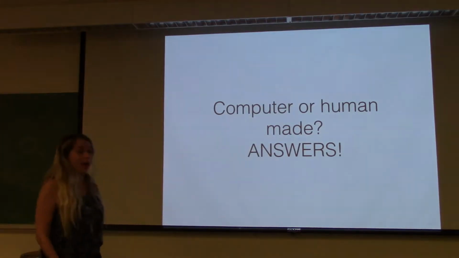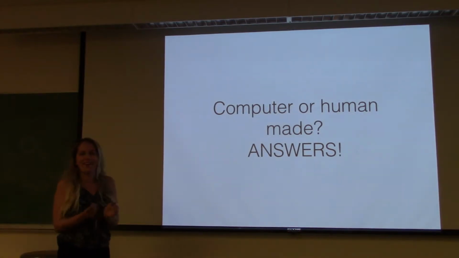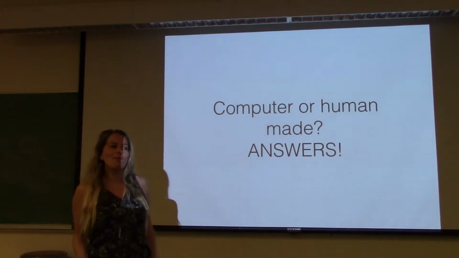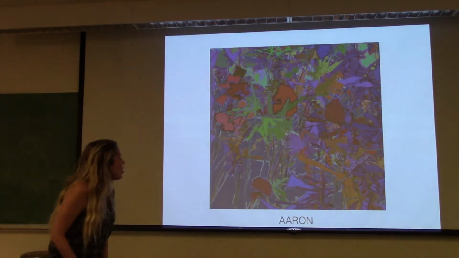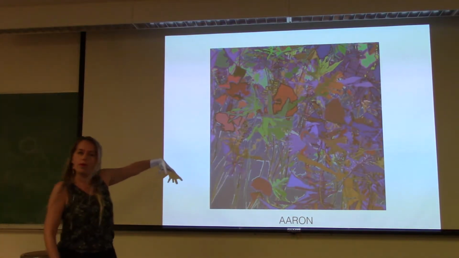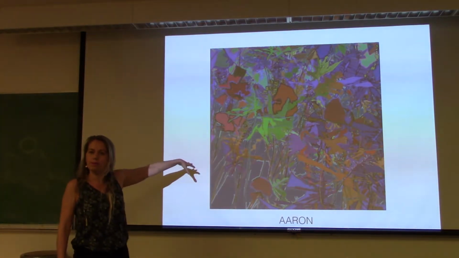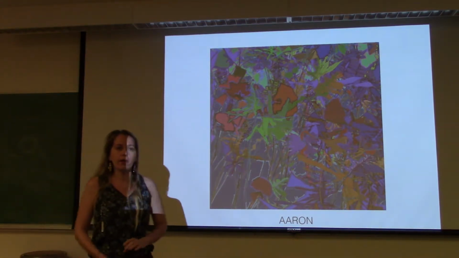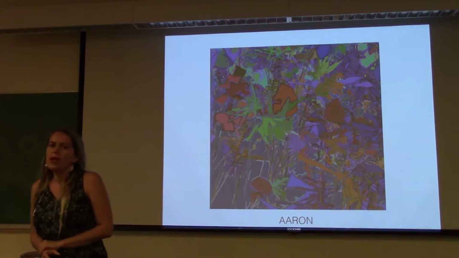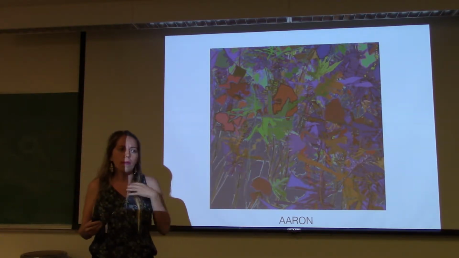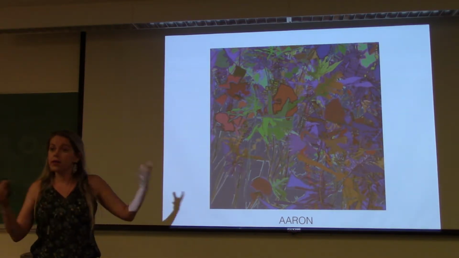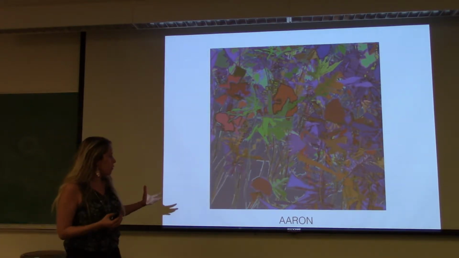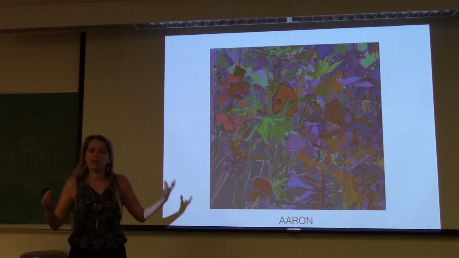Fantastic. All right, now I'm going to give you the answers. And I'm going to tell you how they were made. So this is created, most of you correctly guessed that this is made by a computer. It's a system called Aaron, made by Harold Cohen. It's what's called an expert system. So basically, Harold, he was a pioneer in the field, created the system which had one style.